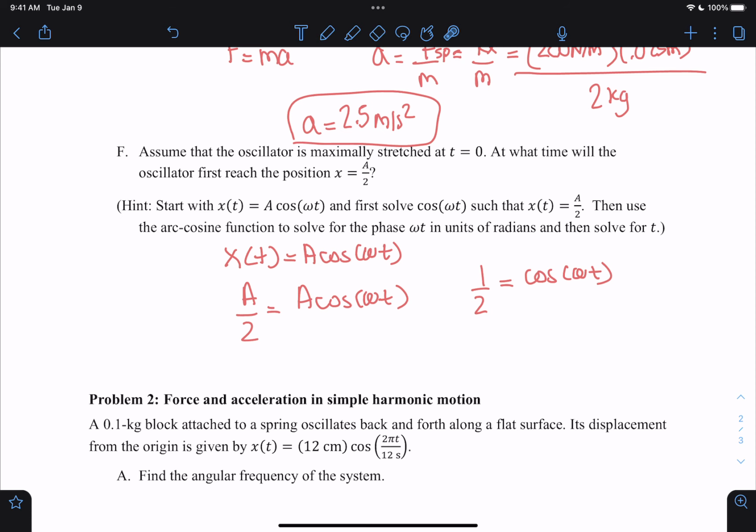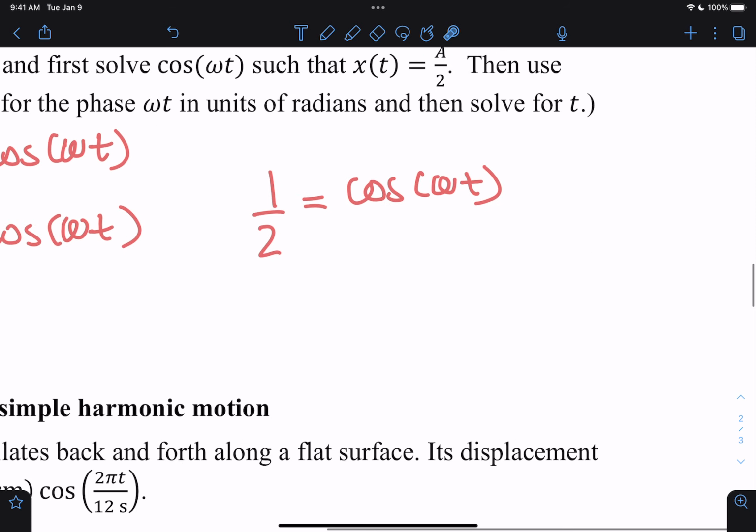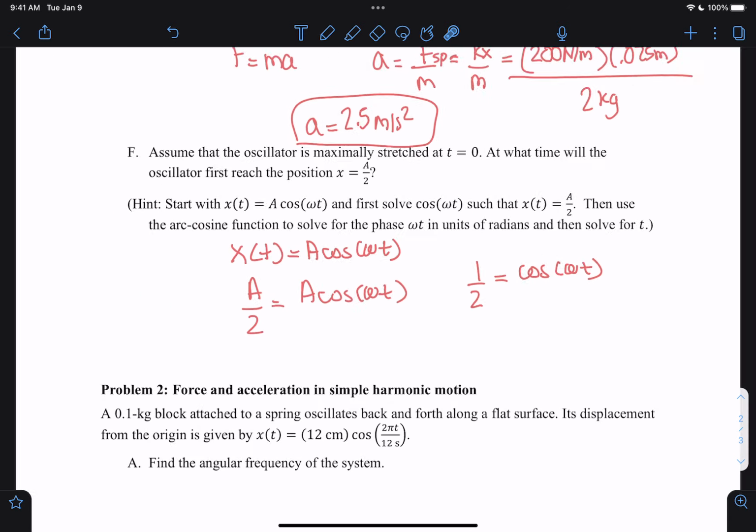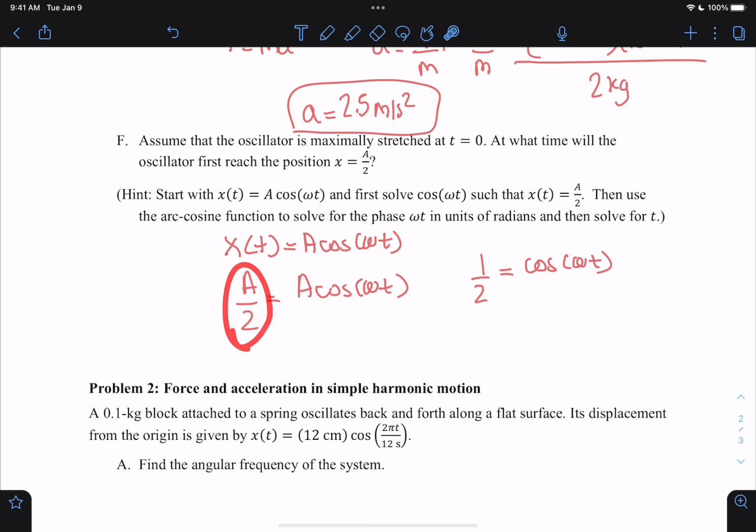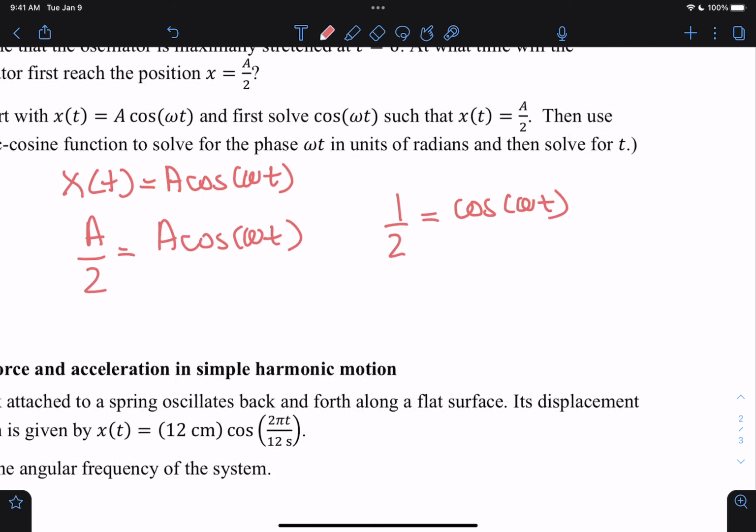So how can we isolate for just the t time here to figure out at what time we achieve this distance of half the amplitude, or A divided by 2? Yep, you take inverse cosine, or arc cosine, of both sides.